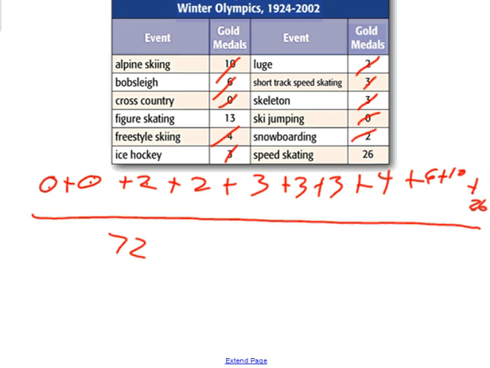Whoops, let me count again. 1 through 11, and I think there's 12. So I'm missing one in my data. Oh, I see I skipped 13, so I need to add 13 here. If I go across, I still check my addition. It does come out to be 72. There's 72 over 12 entries. So 72 divided by 12 works out to be 6. So my mean is 6.